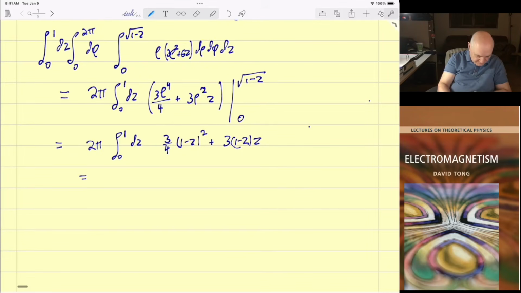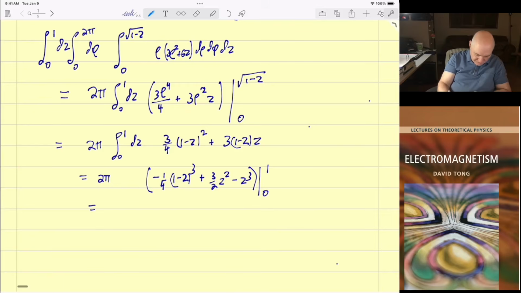So this is equal to 2 pi. And we're going to get minus 1/4 (1 minus z) cubed, because that gives us a minus 3/4. The minus sign from the z gives us 3/4. And we're going to have the square. Plus 3/2 z squared minus z cubed, all evaluated from 0 to 1.